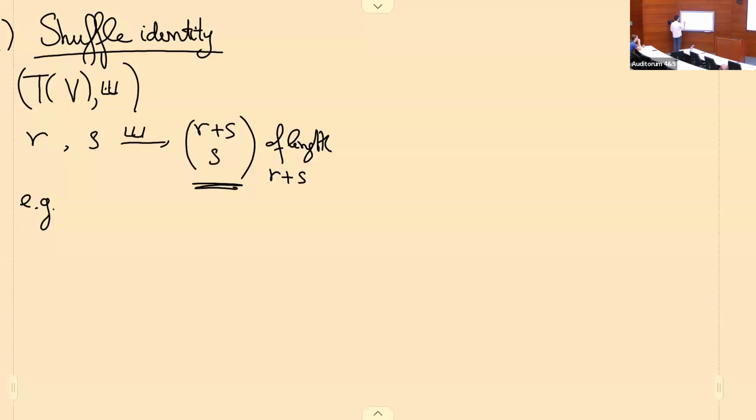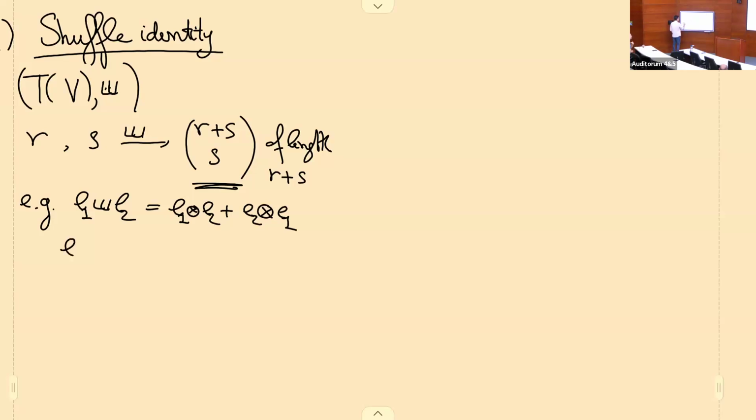If you take two words, for example the word e1, and you shuffle it with the word e2, then you will get e1 tensor e2 plus e2 tensor e1, right? You just interleave them as you would when shuffling two decks of cards.